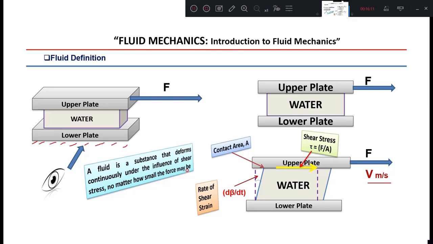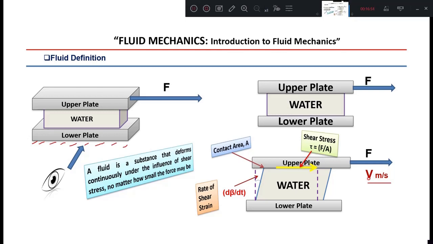Unlike a solid body, the plate will not come to rest even after a certain amount of displacement, and it will keep on moving at a particular speed, say v meter per second. Therefore, the fluid element will keep on deforming continuously at a particular rate till the force F is acting.